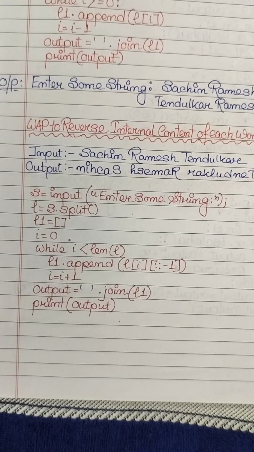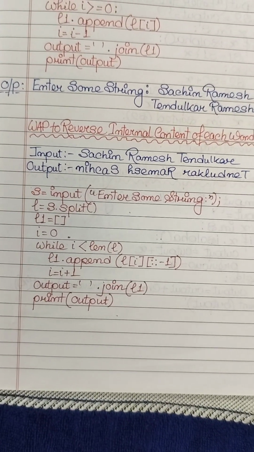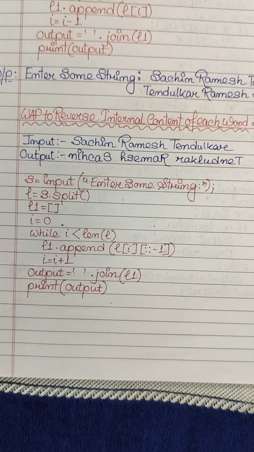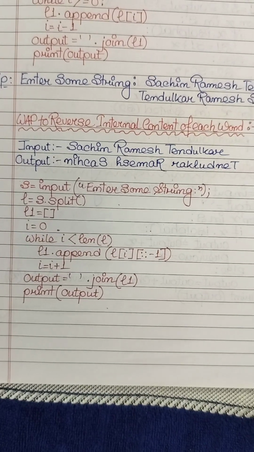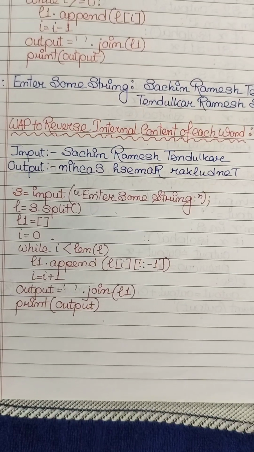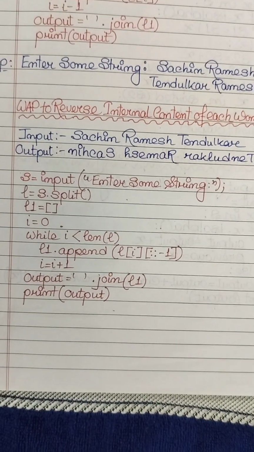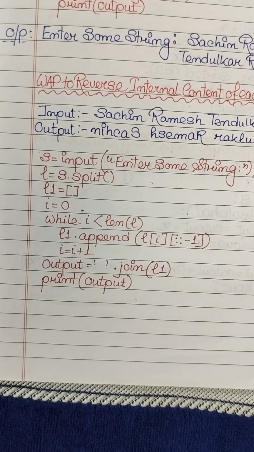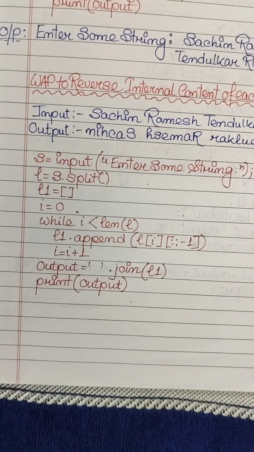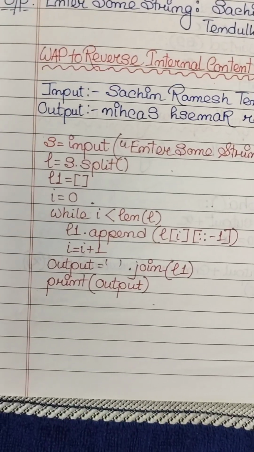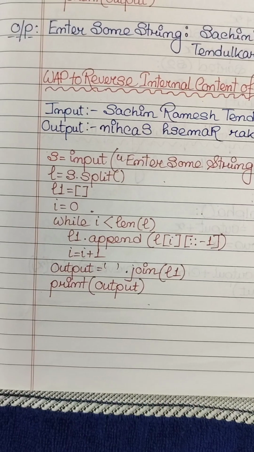That means at each position in the while loop we are going to reverse the internal content by using the append function. i is equal to i plus 1. Output is equal to single inverted comma dot join L1, and print the output.